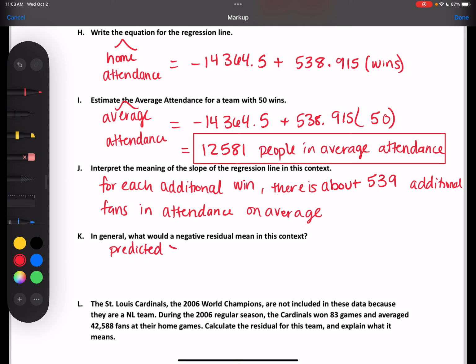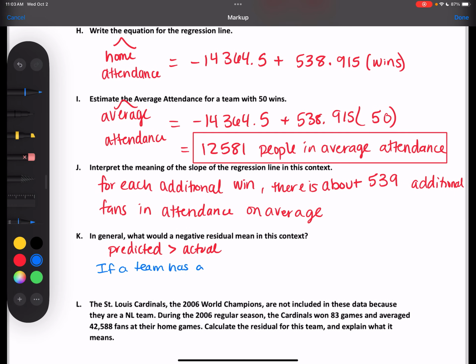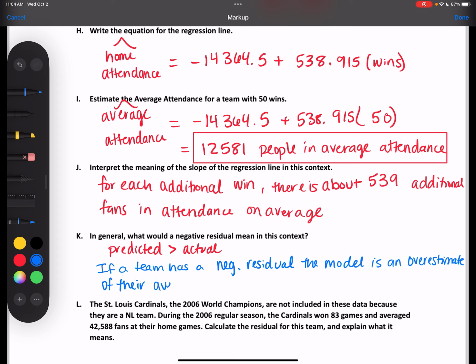So for our specific problem, if a team has a negative residual, the model is an overestimate of their average attendance. Meaning there are fewer fans than expected.